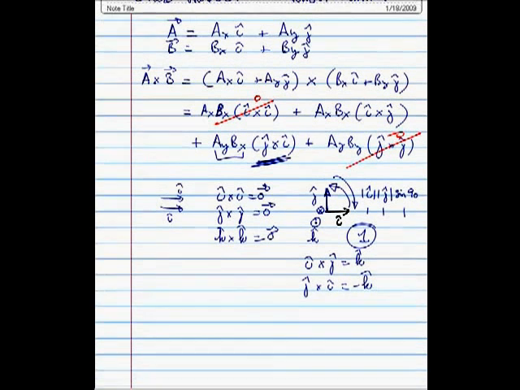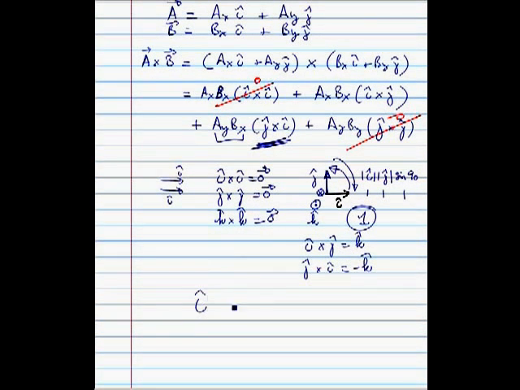Another nice, easy way to remember is this: i, j, k, i, j, k. i cross j gives you plus k. j cross k gives you plus i. k cross i gives you plus j, etc, etc. So whenever you're going towards the right, you always end up with a positive, while if you cross towards the left, you end up with a negative.